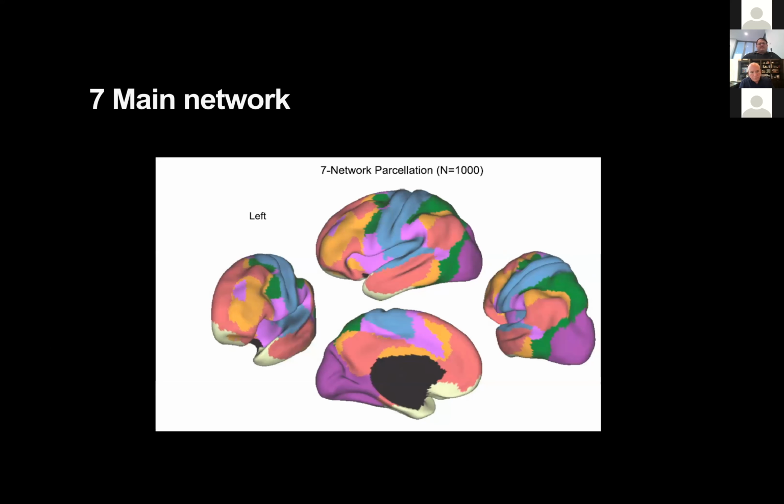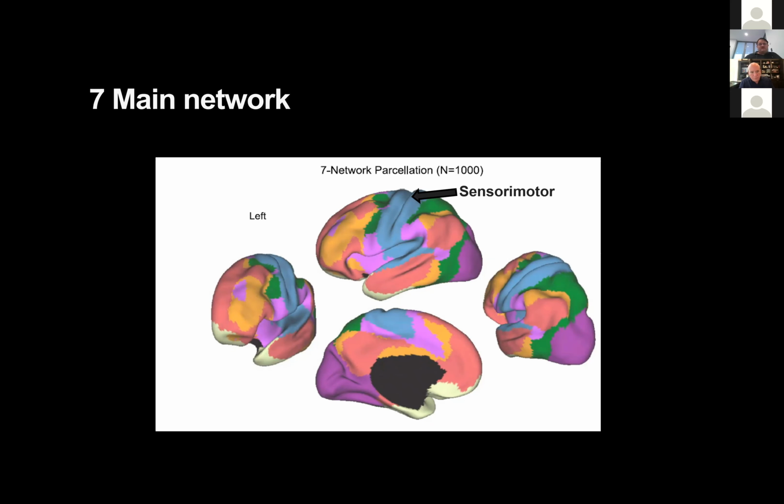So this is from a classic paper by a guy named Randy Buckner, where he said, let's divide the brain into the seven total regions, where everybody is assigned to somewhere based on who they're most similar to. And so when they looked at this, they basically found the sensory motor system fired as a unit, no surprise.